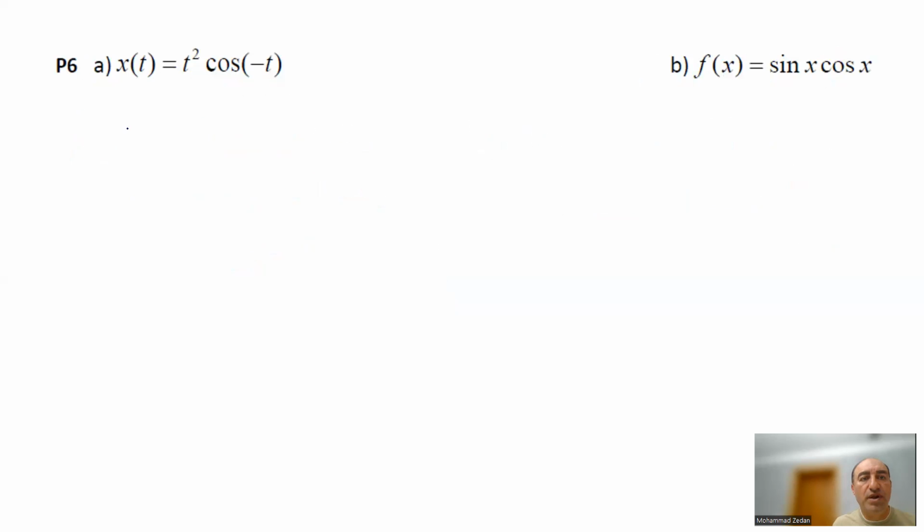Continue here. x of t is t squared times cosine negative t. Now I have a product of two functions, so apply the product rule: u times v all prime is u prime v plus v prime u.